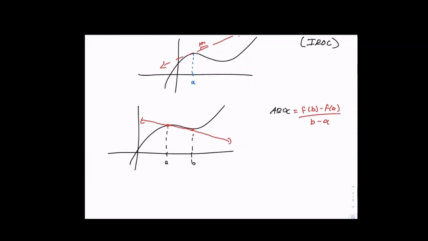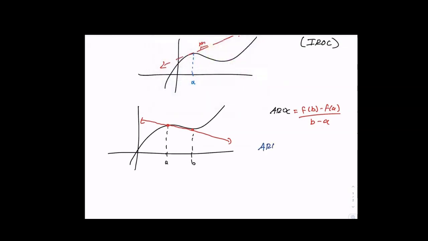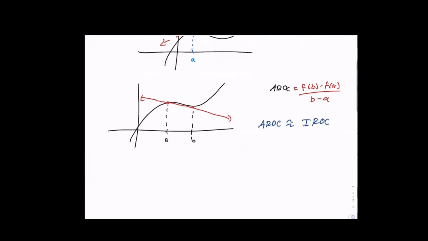But we also learned that the average rate of change approximates the instantaneous rate of change. In other words, the slope of the secant between two points approximates the slope of the tangent.